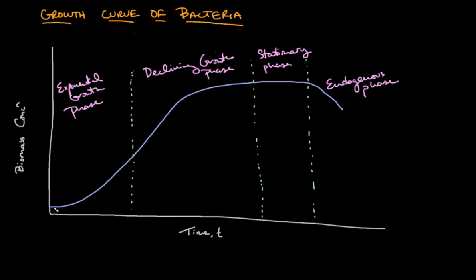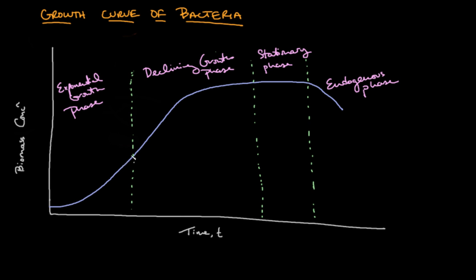And what's going on here biologically is that these bacteria have lots and lots of resources available to them, and they are able to divide pretty quickly and increase the population. Now, I don't have number of individuals on my y-axis. I have biomass concentration, because in reality it would be very difficult to count the number of bacteria, but you could take the collective mass of the bacteria. And that collective mass is increasing very, very quickly.